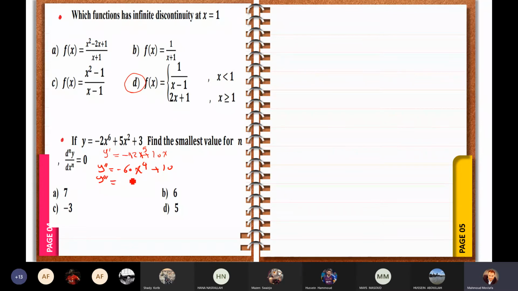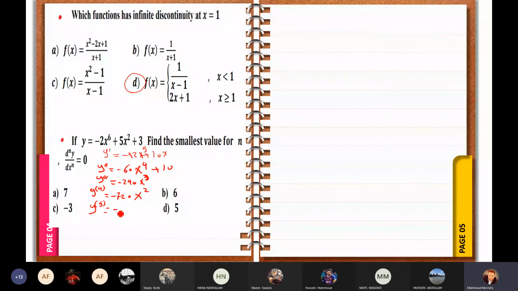Third: 4 multiply negative 60, negative 240, x power 3. Now y for the fourth time will be 3 multiply 240, negative 720, x squared.